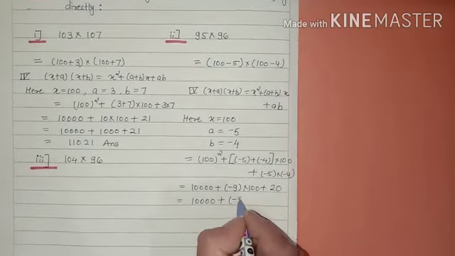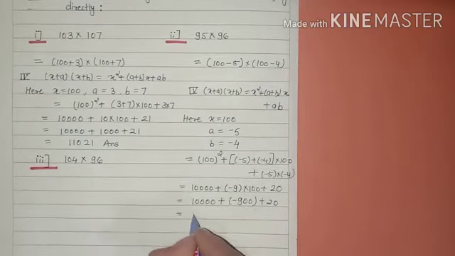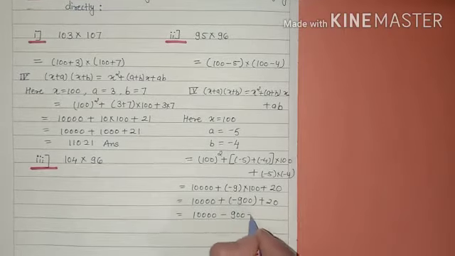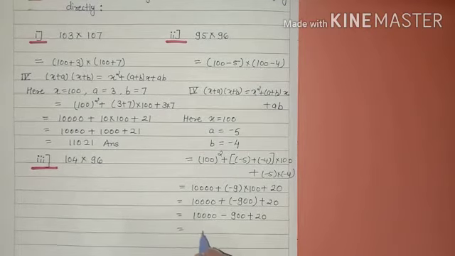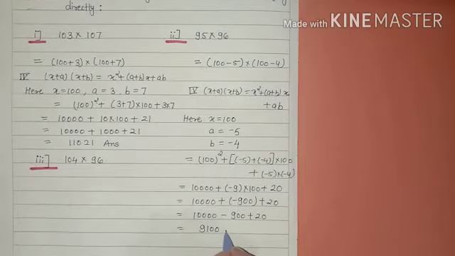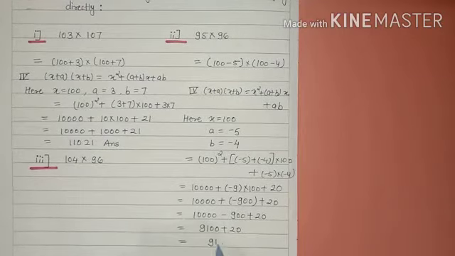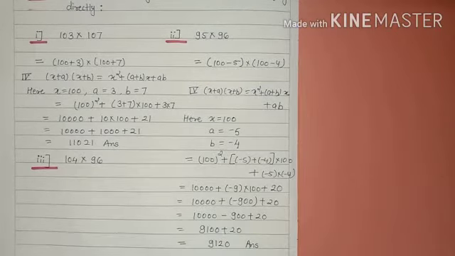You will get minus 900, plus 20. If you subtract this, you will get 9100 plus 20, and your final answer is 9120. This is your final answer.